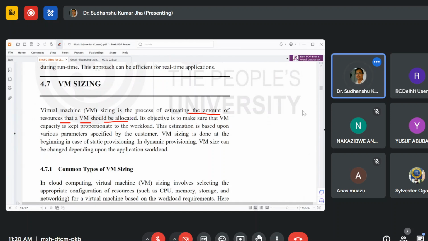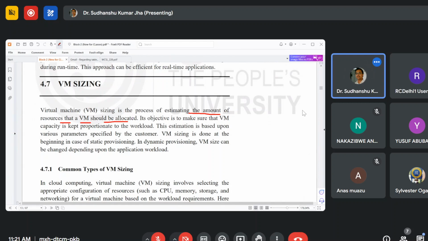Suppose you have created a thousand partitions of a 100 TB hard disk. Then it means that you have created a thousand virtual machines. How many virtual machines should be given depends upon how many resources you have applied for, you have requested.